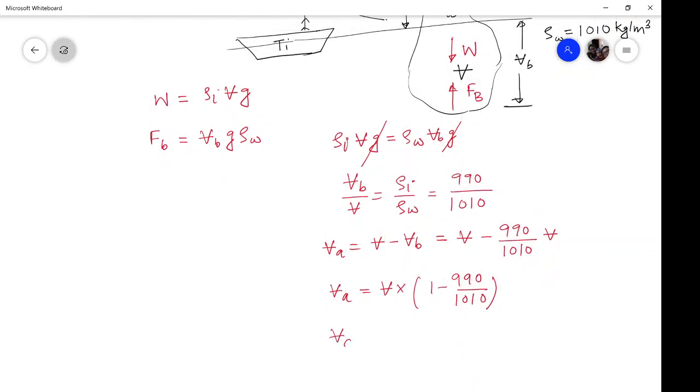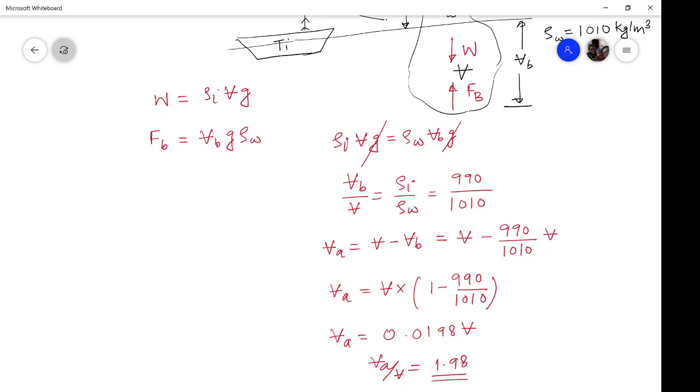Okay, so V_A will be, let me solve this. So this will be 1 minus 990 divided by 1010. So that is coming out to be 0.0198 V. Now you can see this is a very small amount. Okay, so if you want to see the percentage, this is only 1.98%.